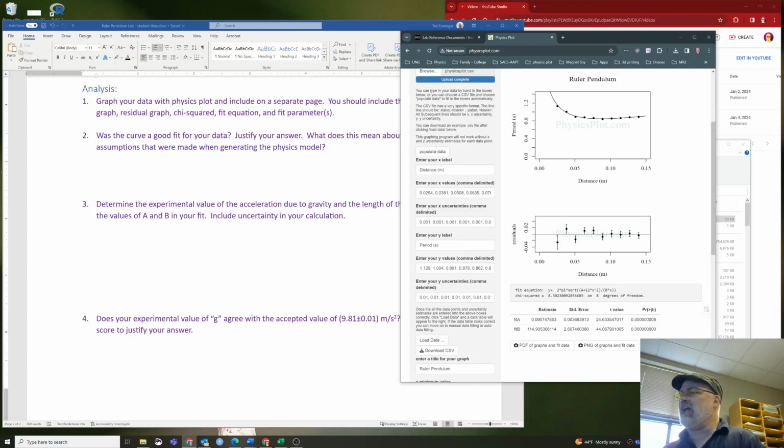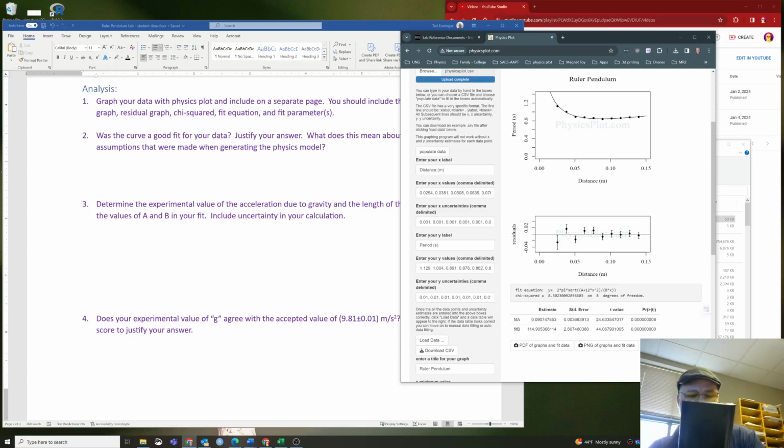The next thing we look at is the chi-squared. Chi-squared here is a number that tells you, on average, how far away are the data points from the line. And a good number for chi-squared should be close to the number of degrees of freedom. And what does it mean to be close? Well, close to means plus or minus the square root.